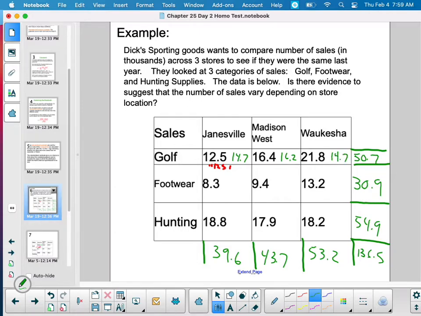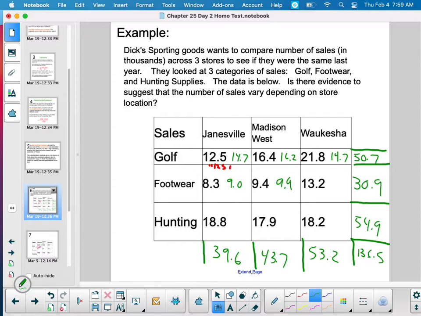Okay. Who had Janesville Footwear? You did, okay, Helen? 8.96. We'll go to 9.0. Okay, we'll go to one decimal place here. West Footwear. Who had that? Say it again, Abby. 9.9. Waukesha Footwear. That was Grant, right?